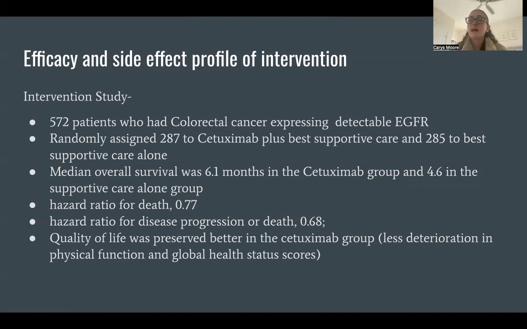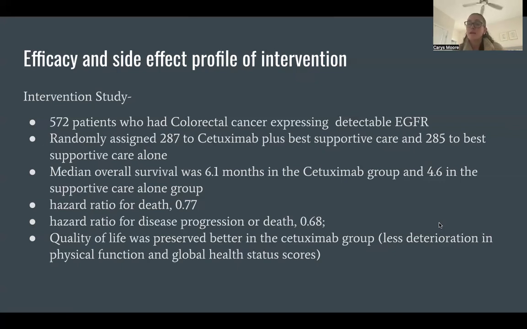They randomly assigned 287 to the Cetuximab plus best supportive care group, and 285 to just best supportive care alone. They gave the Cetuximab group an initial dose of 400 milligrams per square meter of body surface area, followed by a weekly infusion of 250 milligrams.